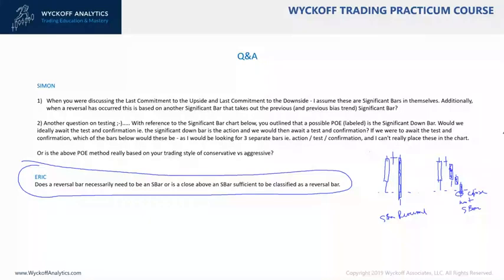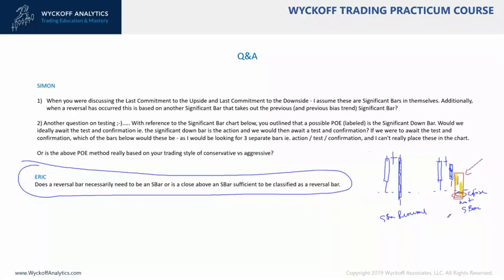Well, the idea here, Eric, is just to combine significant bars, and we're going to go through this exercise today. So maybe we combine these two into one single significant bar, and we'll talk about how we do this. Now, when we look at this, we probably would say that there is a significant body and therefore a significant commitment to the downside.